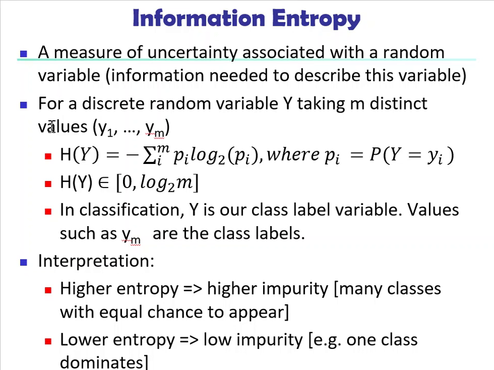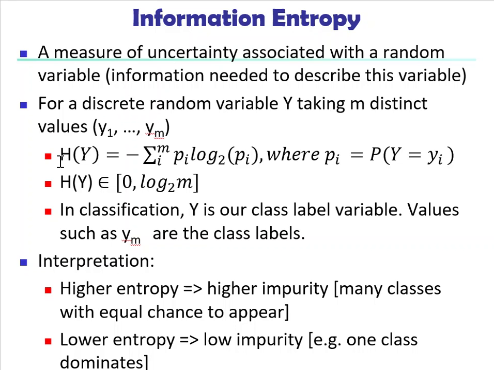The definition for information entropy is as follows. For a discrete random variable y, you can think of this y as our class label, it takes m distinct values, so all those m are our m class labels.